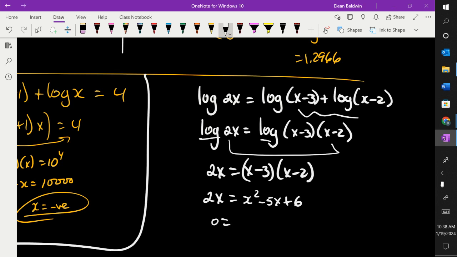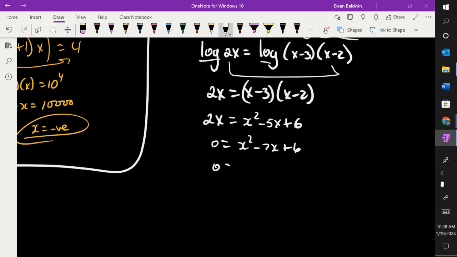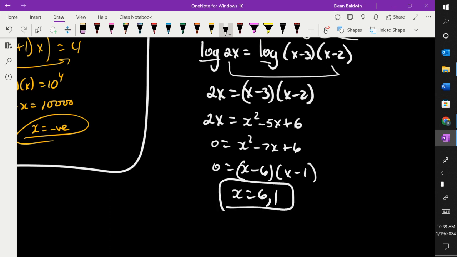Hopefully this factors. It does. Fudge. Did people get to this point?